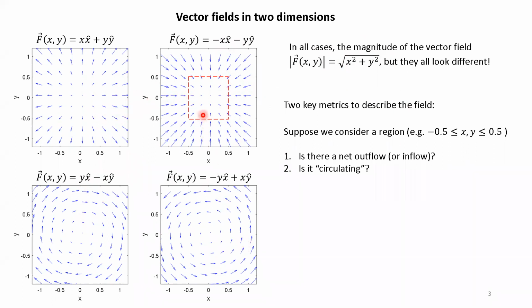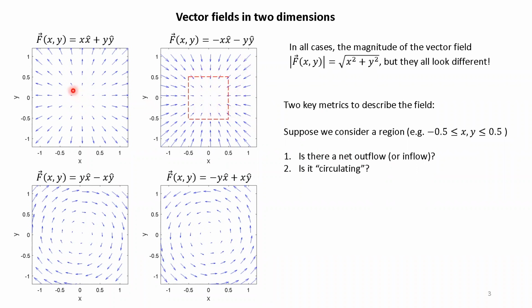So when we consider these vector fields, there are two questions that we try to ask. Suppose I pick a region, let's say this red region here. I want to ask, is there a net outflow or inflow? What does it mean? If you imagine that these are air flow, in this case you tell me that the air is flowing into this region.